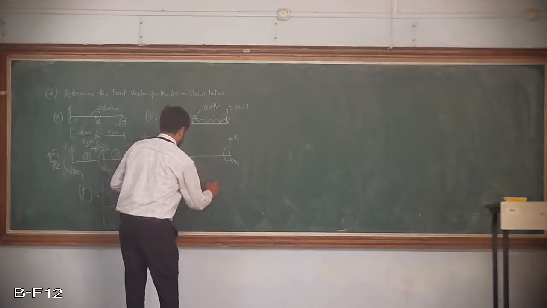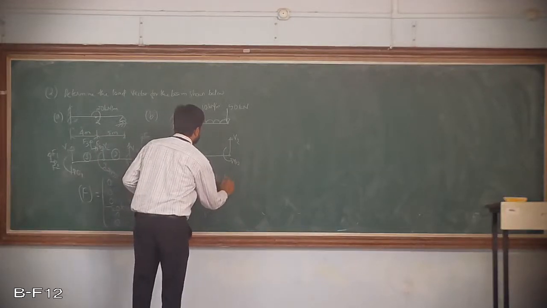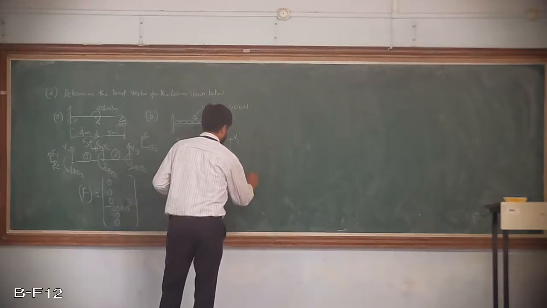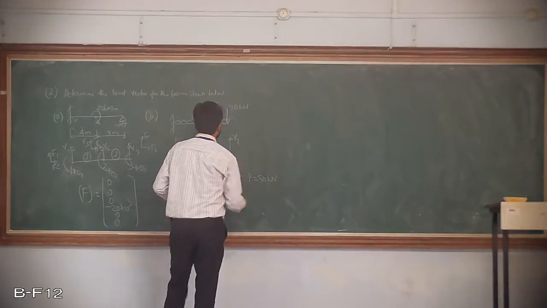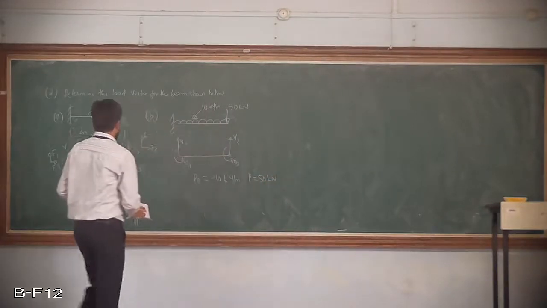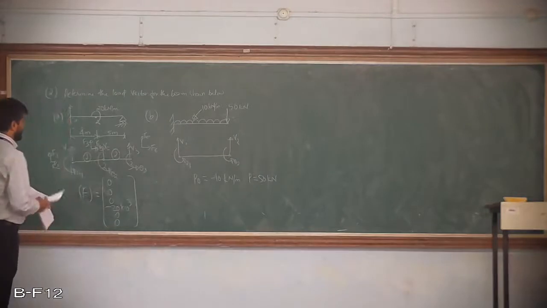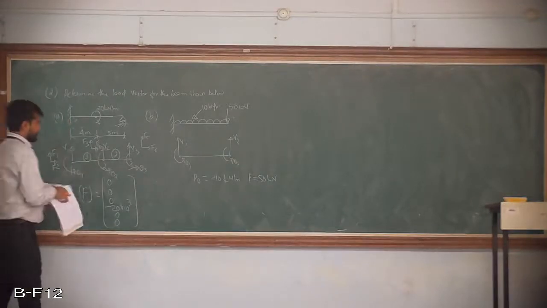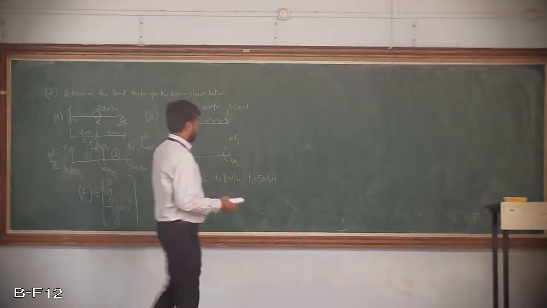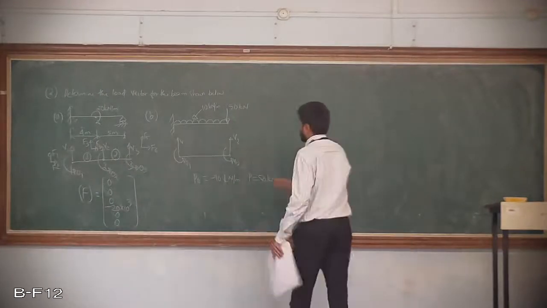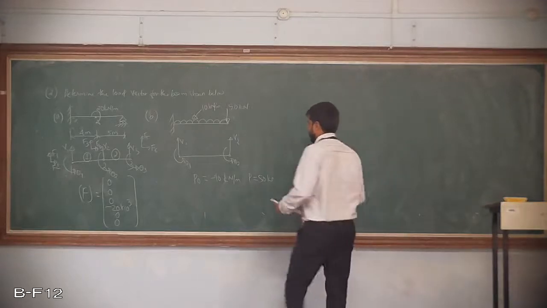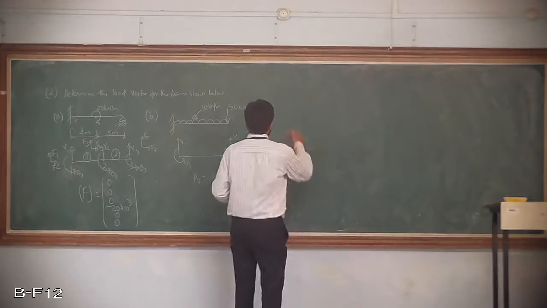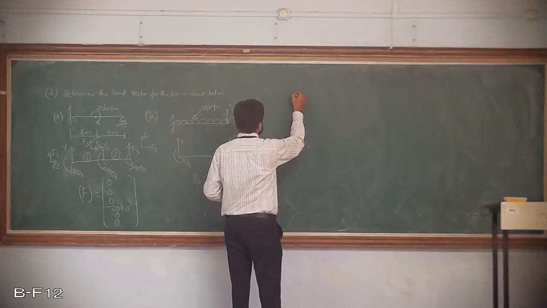P naught will be minus 10 kilonewton per meter, and there is only P, that is 50 kilonewton. This type of problem we have already solved previously, so you need to use the formula again.